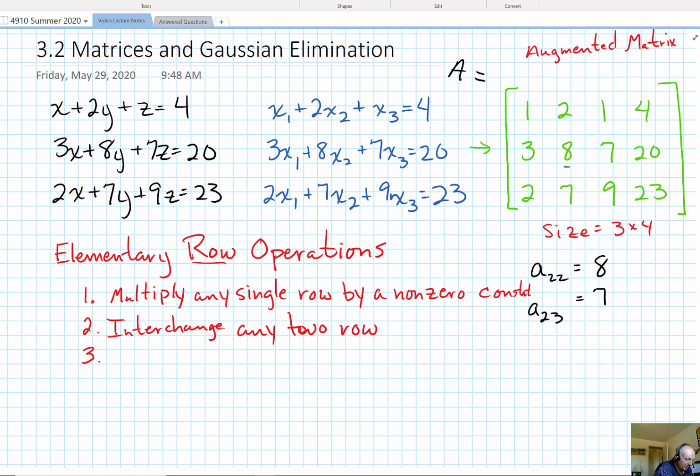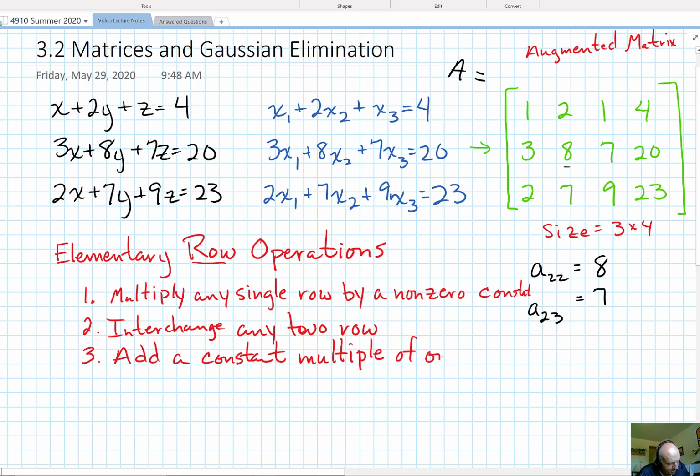The third one is, and this is interesting, look how I write this: add a constant multiple of one row to another.